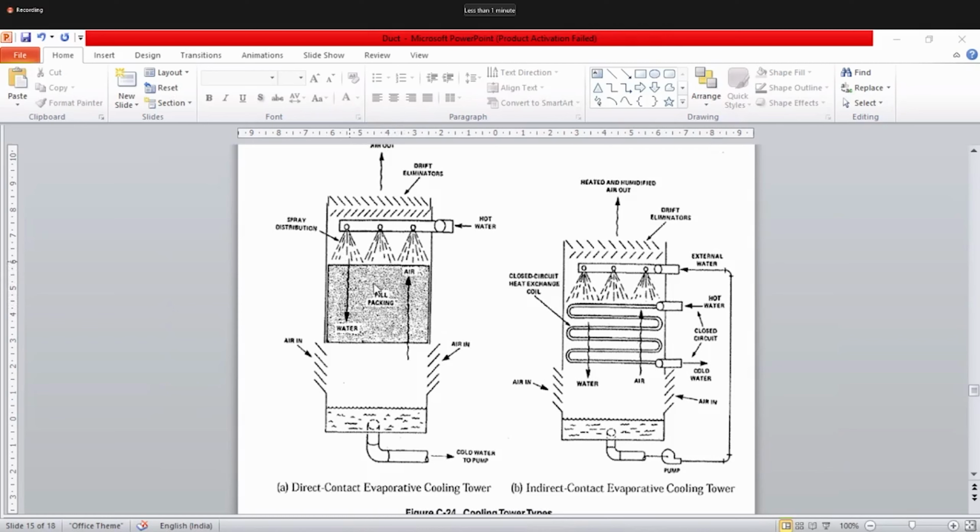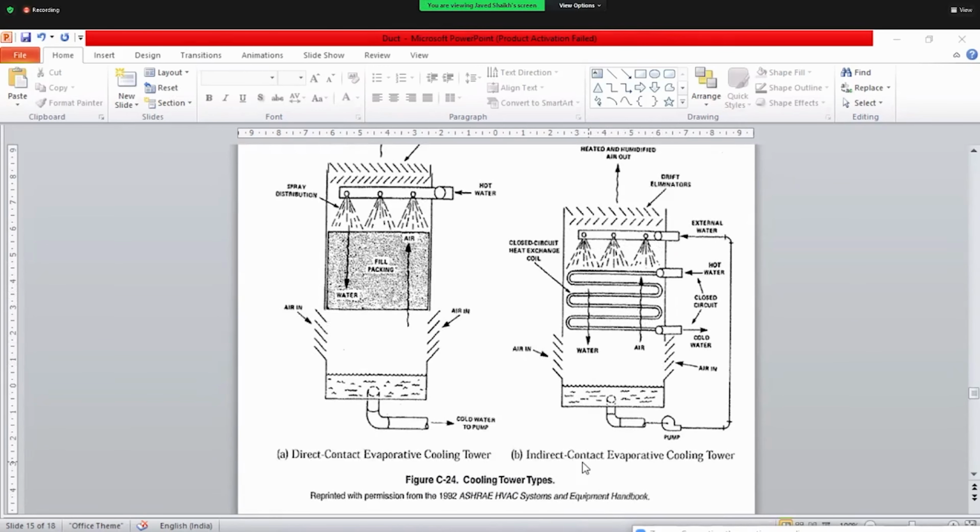While passing through the coil, the water is in direct contact, so it is called direct contact. And here we are running a circuit. Hot water is going from here, and we are pouring water from above so that heat transfer takes place, and this working we call indirect contact.